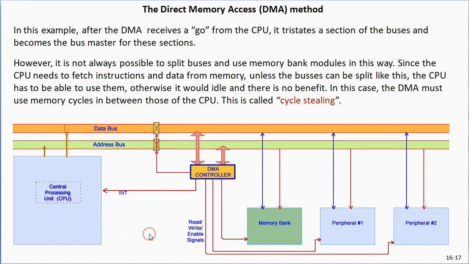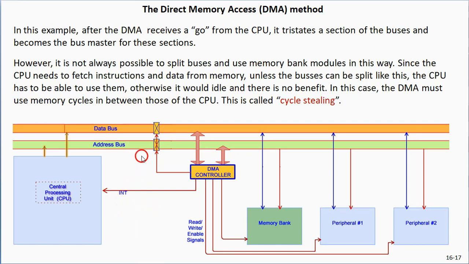But like I said, it's not always possible to split buses and use memory bank modules in this way. Since the CPU needs to fetch instructions and data from memory, unless it's possible to do this trick, the CPU has to be able to use them, otherwise it will just sit over there idling and there would be no benefit to all of this.